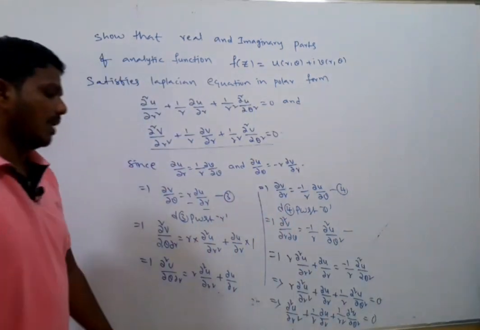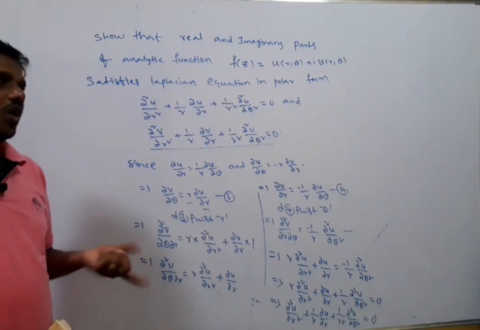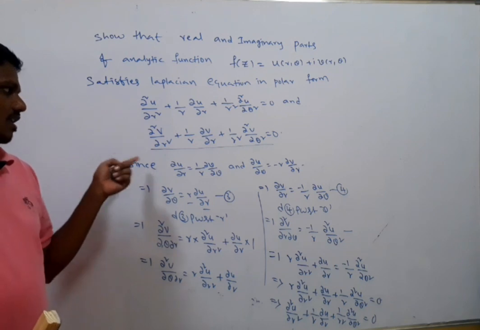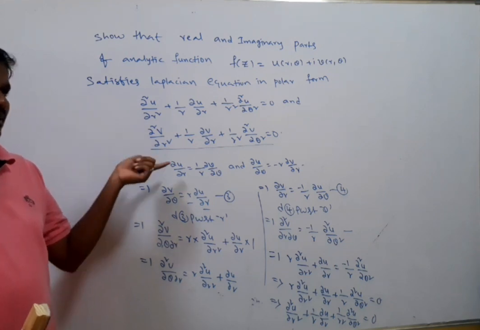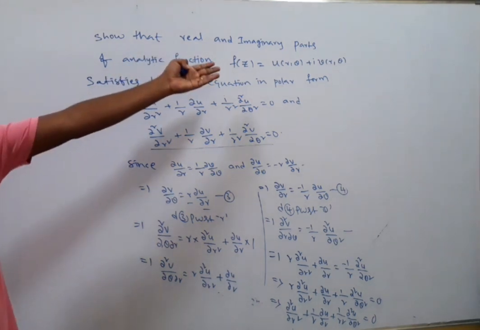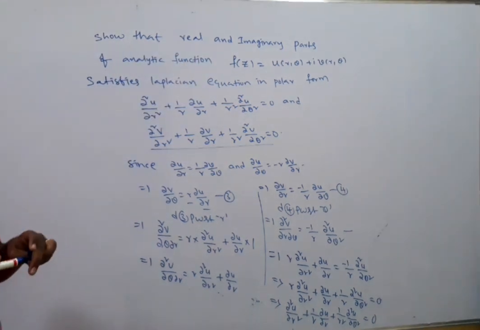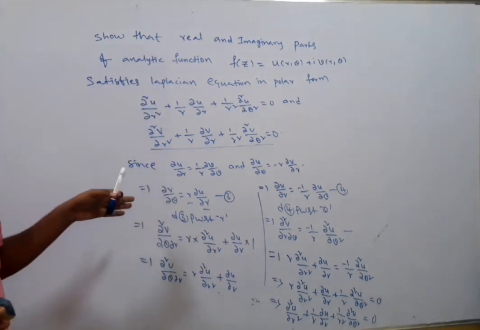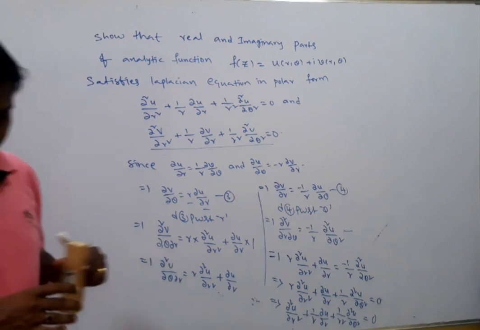This is the Laplace equation for u of r, θ. Previously we proved the Laplace equation for v of r, θ, the imaginary part. So when the function f of z, which is u of r, θ plus i v of r, θ, is analytic, then that function satisfies the Laplace equation, right?